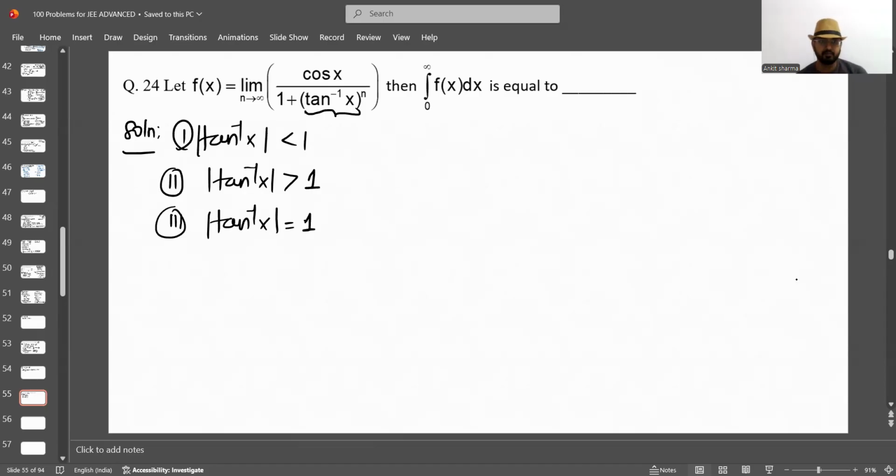Now if I go ahead, then I have mod of tan inverse of x less than 1. For this, we'll just graph the tan inverse of x, because we have to extract the function, so we should know the behavior, what will happen exactly. So tan inverse of x, if I draw, is going to be this way.